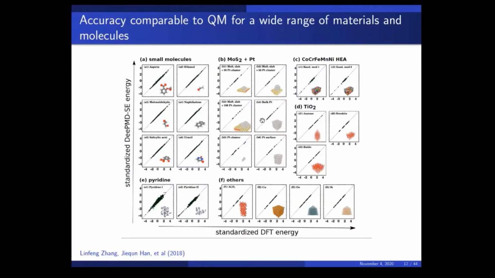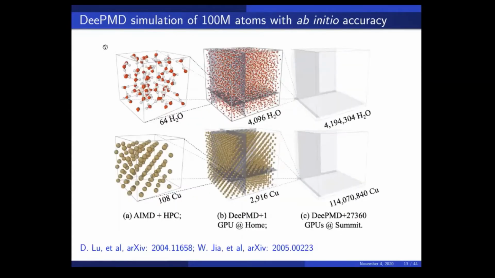And with this kind of a model, one can speed up molecular dynamics. So this is what we call DeePMD, deep potential molecular dynamics. So we implemented DeePMD on Summit, which is the second fastest computer in the world. And we can now handle systems with 100 million copper atoms.